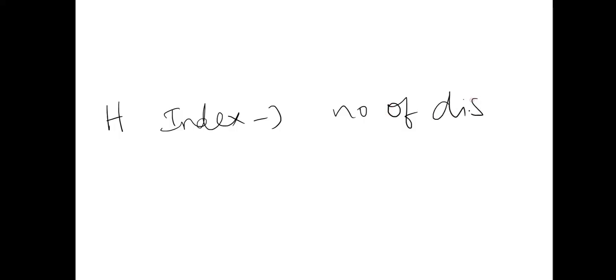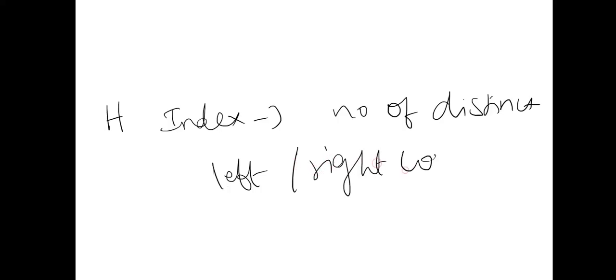If H is a subgroup, the index is basically the number of distinct left or right cosets of H. So either you can count the number of right cosets of H, or the number of left cosets of H. And the number of left cosets will be equal to the number of right cosets no matter what. That is why it doesn't matter. All you have to do is count the number of distinct left cosets, or the number of distinct right cosets.